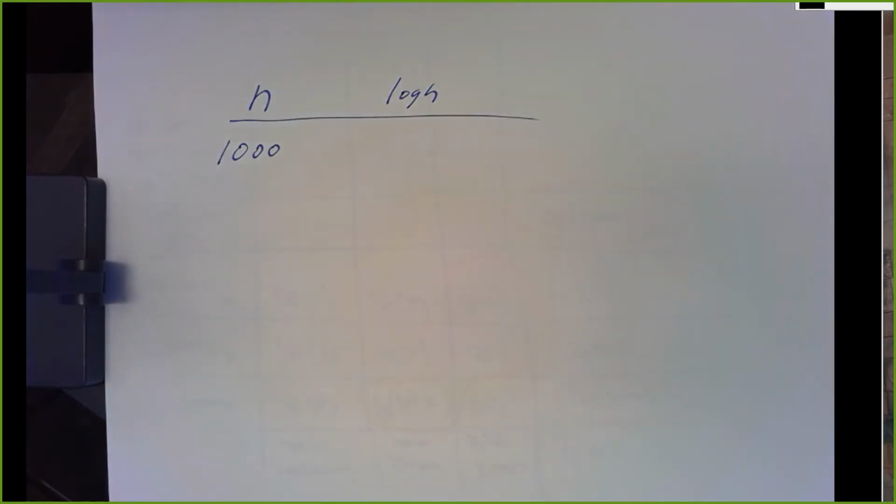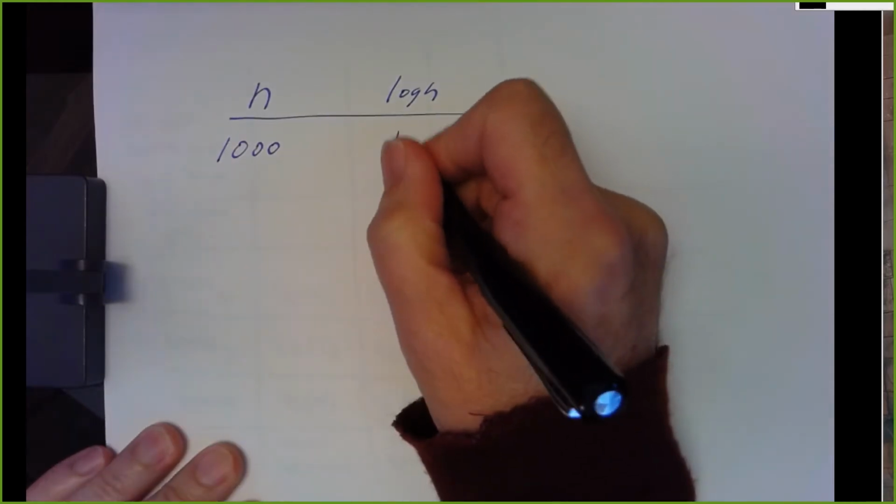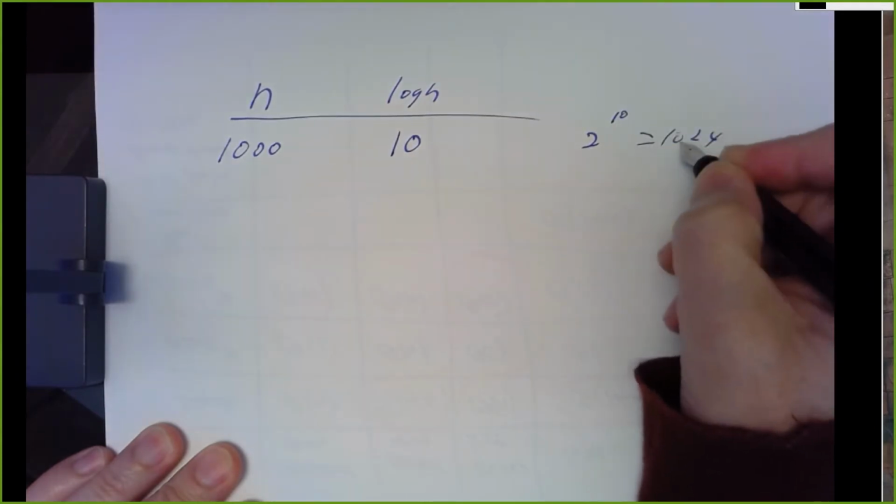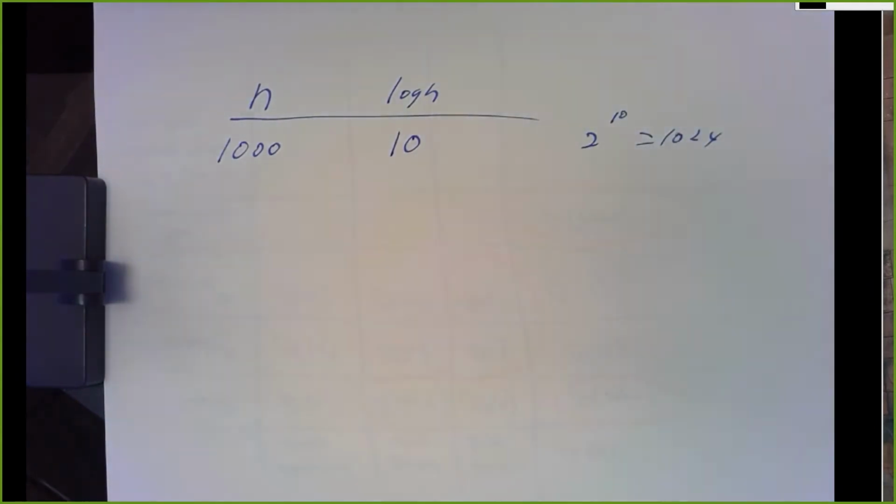And that's pretty good, because log n grows really slowly compared to n. So what's log base 2 of 1,000, roughly? Or alternatively, what power of 2 is approximately equal to 1,000? 1024 is actually 2 to the 10th. And that's kind of convenient, right?